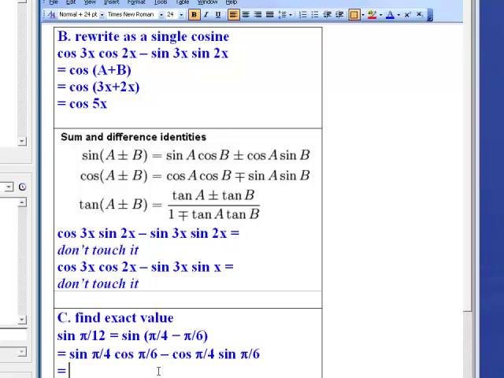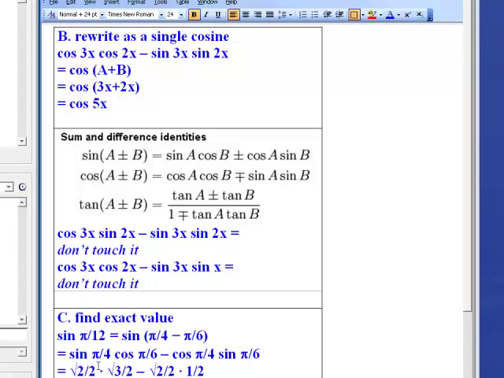Better. Okay. That equals sine pi over 4, of course, is the square root of 2 over 2, times cosine of pi over 6, cosine of 30 degrees, which is square root of 3 over 2, minus cosine of pi over 4, which is square root of 2 over 2, times sine of 30 degrees, which is 1/2.